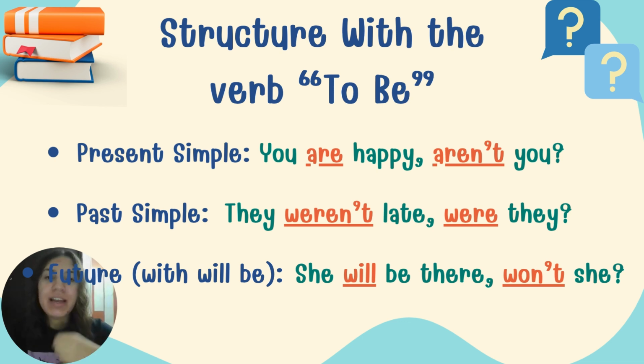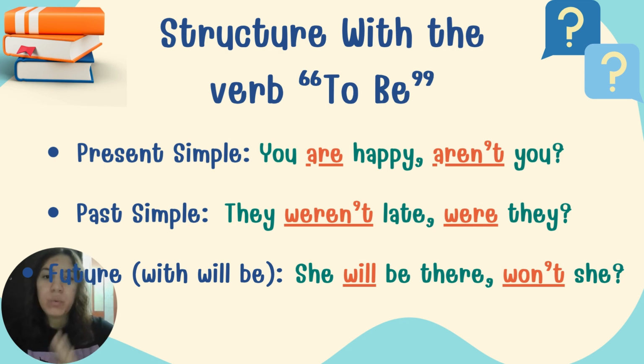Let's talk about specific structures for question tags. For example, with the verb to be. It's important to know that if I use the verb to be in my sentence, I have to use the verb to be in the question tag, but in negative or in positive.